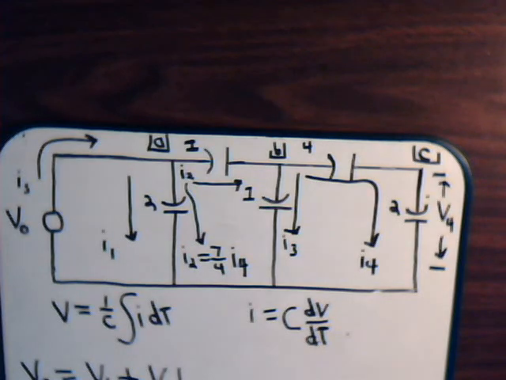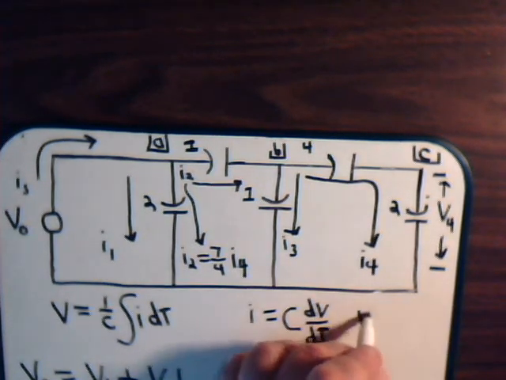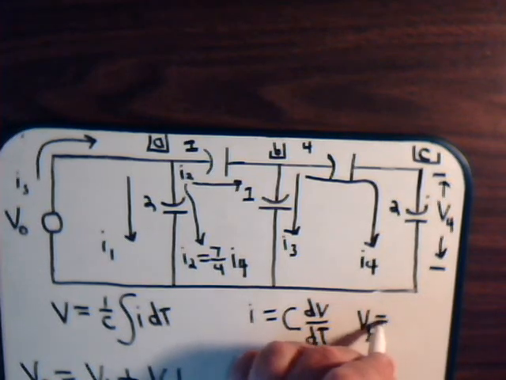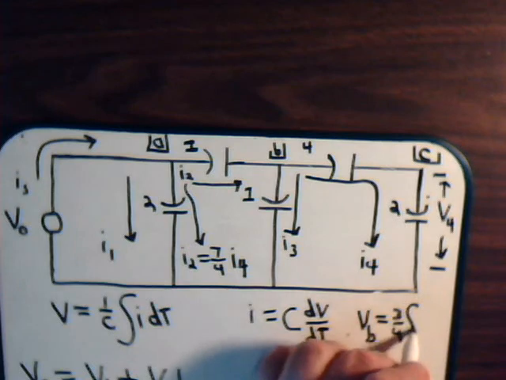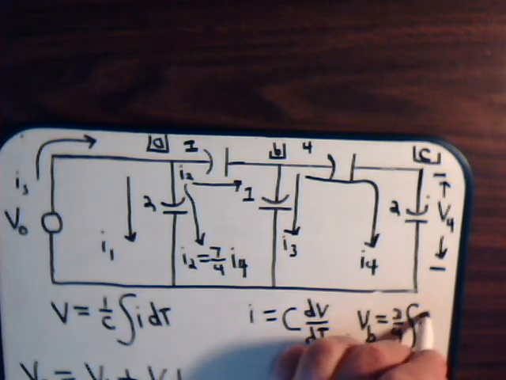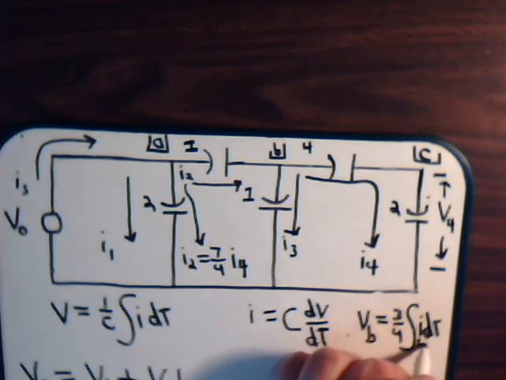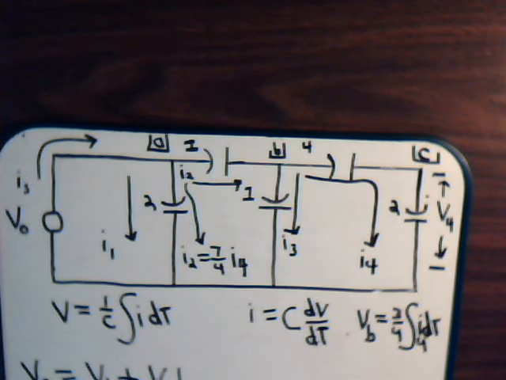That's all we're saying. And we determined that VB equals 3/4 the integral of I4 dt. We determined that earlier. Okay, now what about VAB?